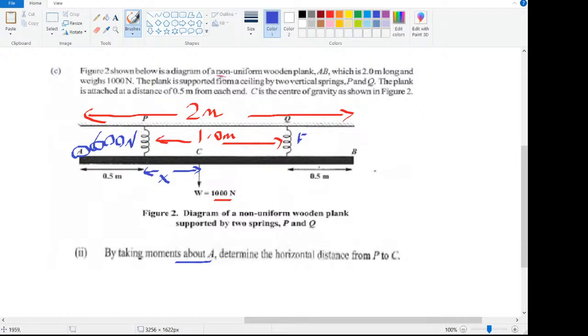So we have two moments here, one created by P, one created by Q, and they are balanced by the one created by W. So the distance between P and A is 0.5. The distance between Q and A is 1.5. The distance between W and A is 0.5 plus X. Determine the horizontal distance, so you have to find X.